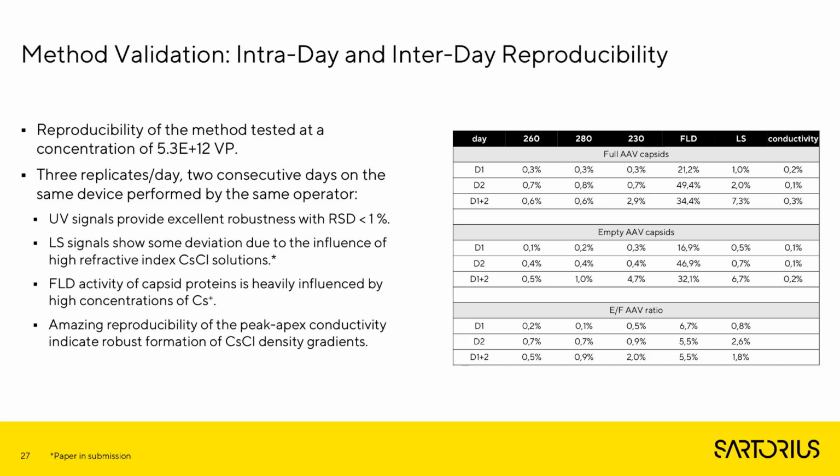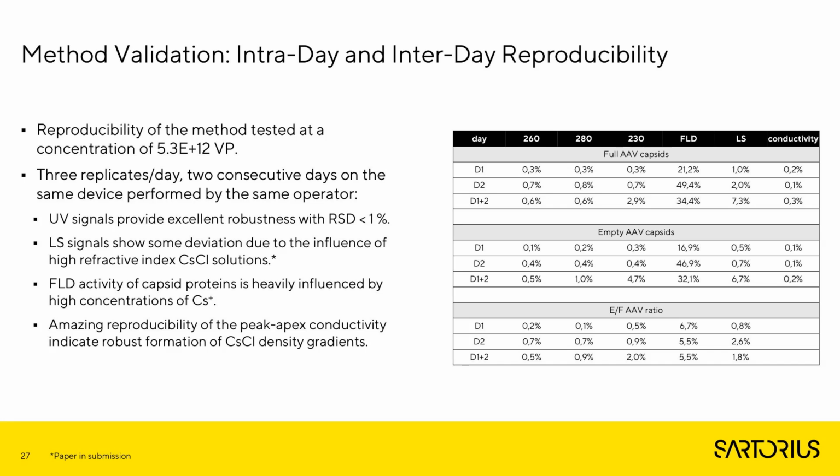So we determined that UV signal provide excellent robustness with RSD below 1%, which is really, really robust. And we were even more impressed by the fact that when we measured the elution conductivity of the peaks, this RSD was even better. It was below 0.3%.